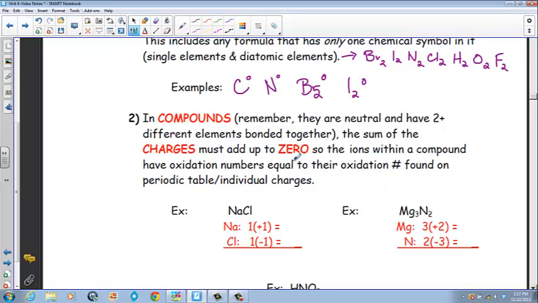So the ions within a compound have oxidation numbers equal to their oxidation number found on the periodic table. So here's an example. We have sodium. There's one of those with a 1+ charge, so that gives you a +1. You have 1 chlorine, so 1 times the -1 charge that it takes. And when you add these up, you get 0.